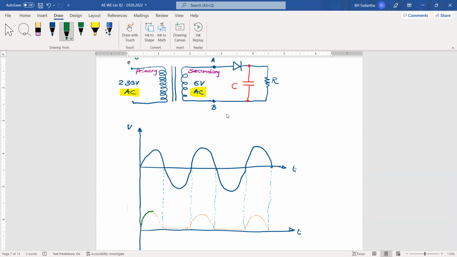Okay, the capacitor can provide voltage to the resistor, but providing voltage to the resistor means the capacitor is losing its charge. Then its voltage is also decreasing, but not like the input voltage, right? It's slowly decreasing, providing voltage to the resistor. It's going to decay.